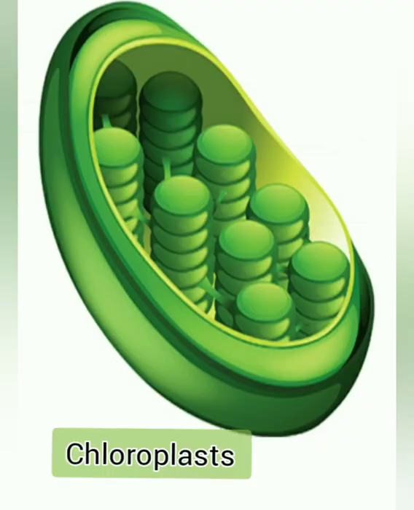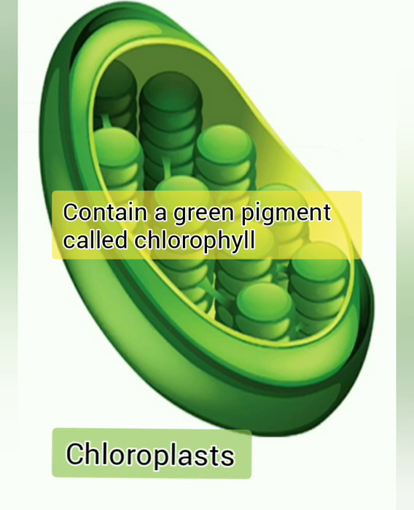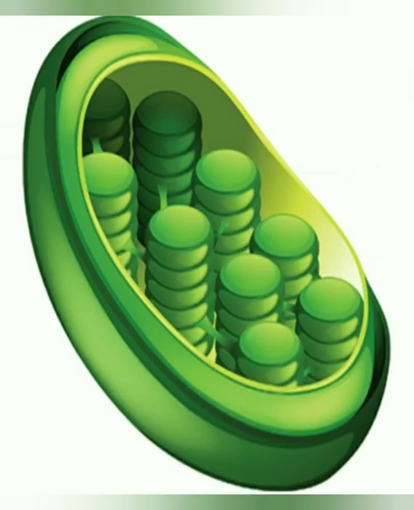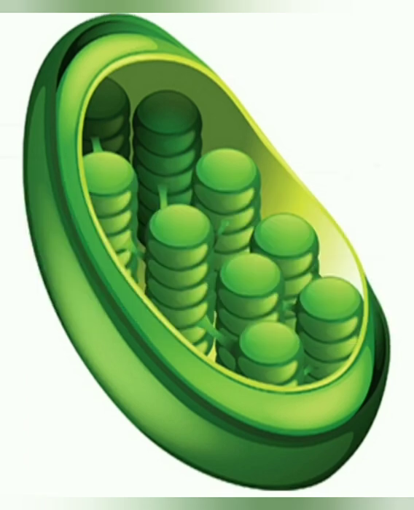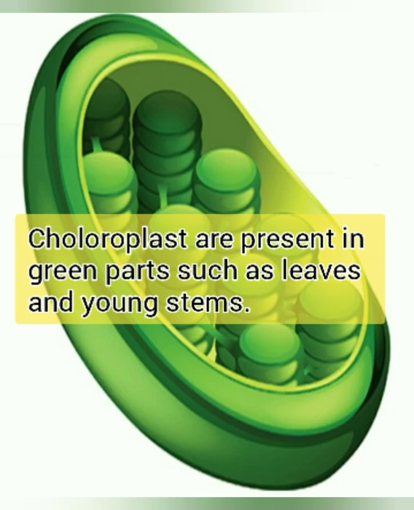So chloroplasts are green plastids as they contain a green pigment called chlorophyll. They trap solar energy and convert it into chemical energy in the form of food through the process of photosynthesis. Chloroplasts are present in the green parts, that is leaves and young stems of the plants, and in algae.